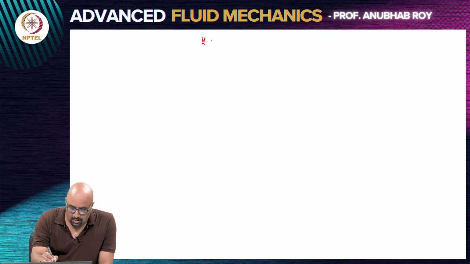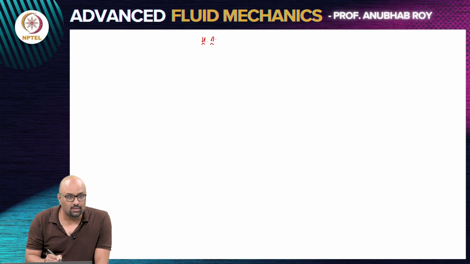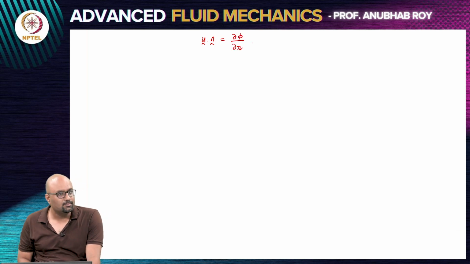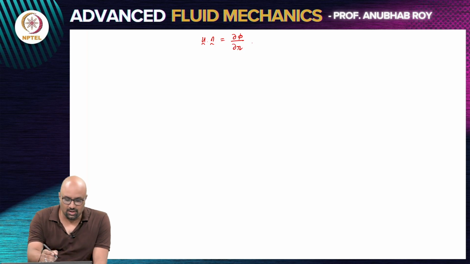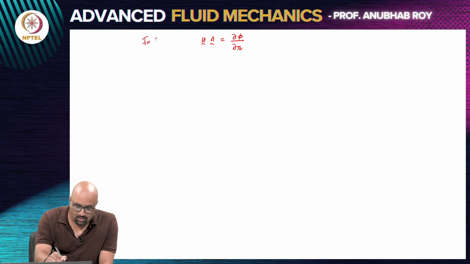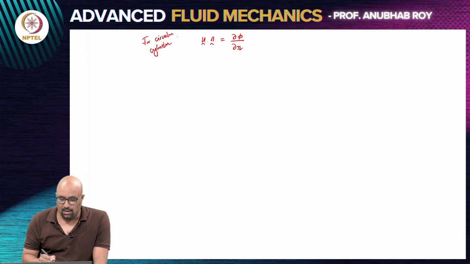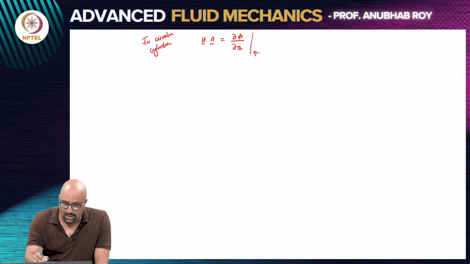If you remember, small u dot n for a circular cylinder is my radial velocity, which is dou phi dou r. This is for a circular cylinder. So, for a circular cylinder, this is dou phi dou r. So, this at r equals a should be u bar cosine theta.